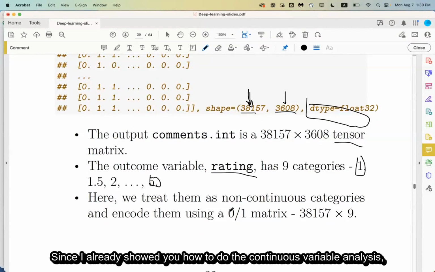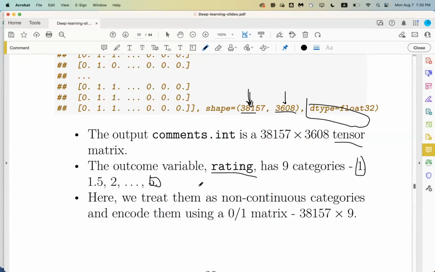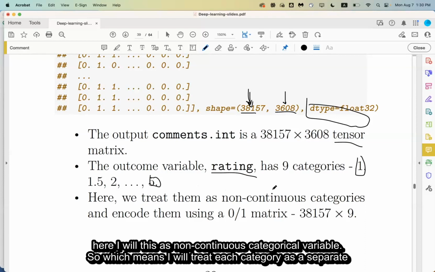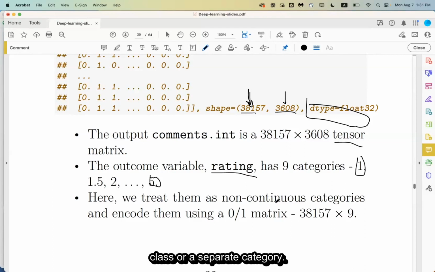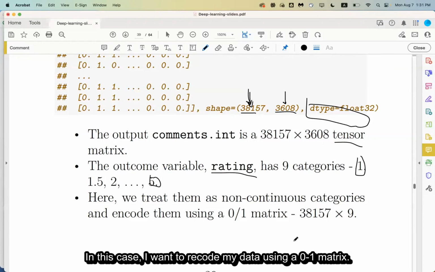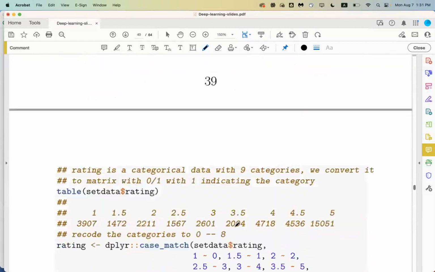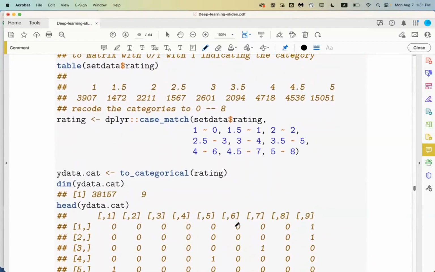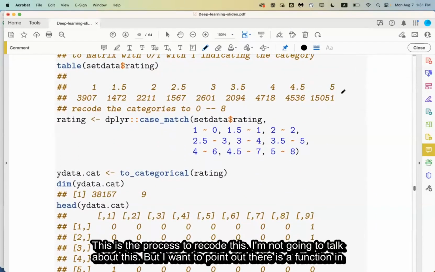Since I already showed you how to do the continuous variable analysis, here I will treat this as a non-continuous categorical variable. Which means I will treat each category as a separate class or separate category. In this case, I want to recode my data using a 0, 1 matrix. This is the process to recode this.